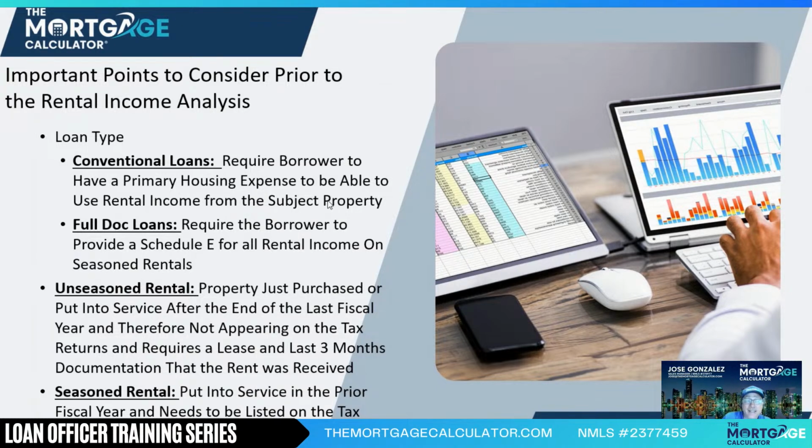That would make sense if you were to provide all of that documentation to prove that I just put this property to work now as a rental. However, if you don't have any documentation to support why that property was just put into service now, you're probably not going to be able to get the income from that unseasoned rental, right? There has to be some type of connection there.